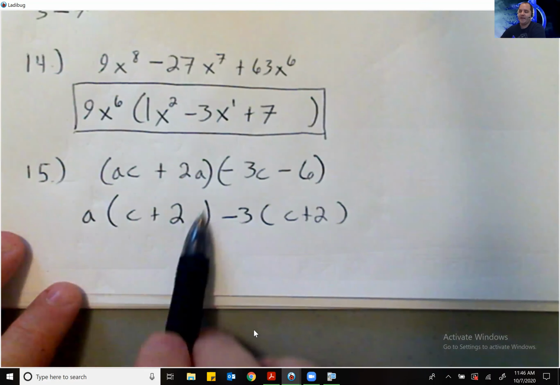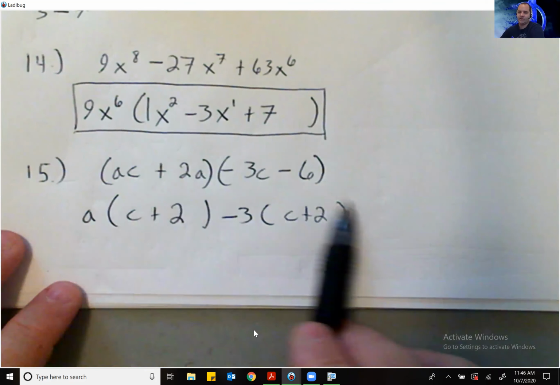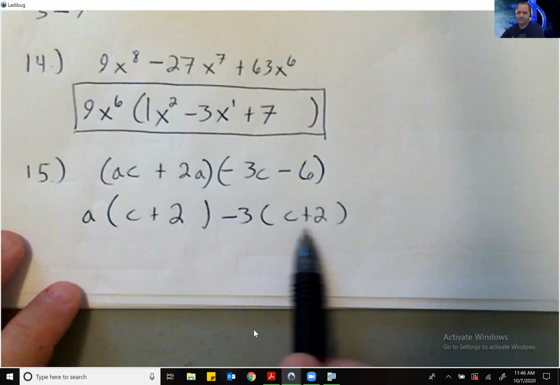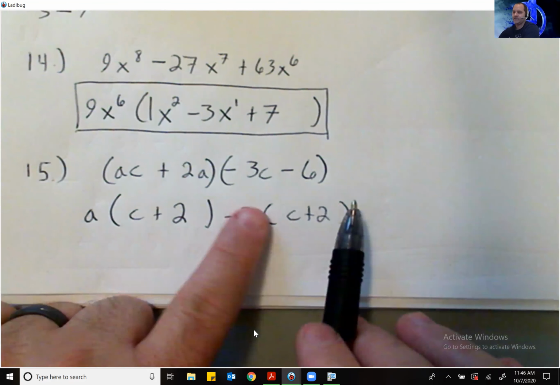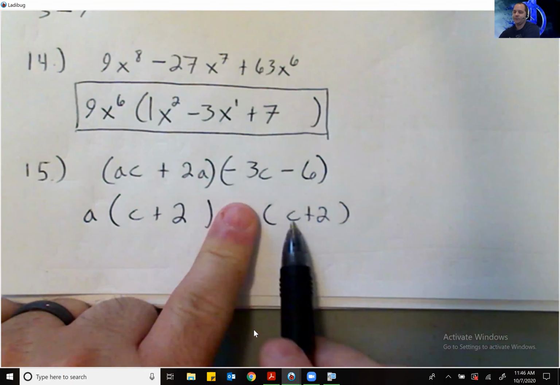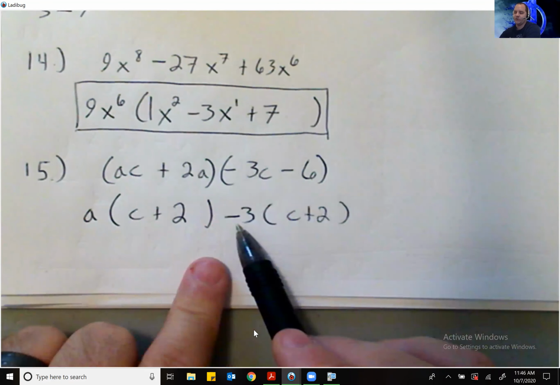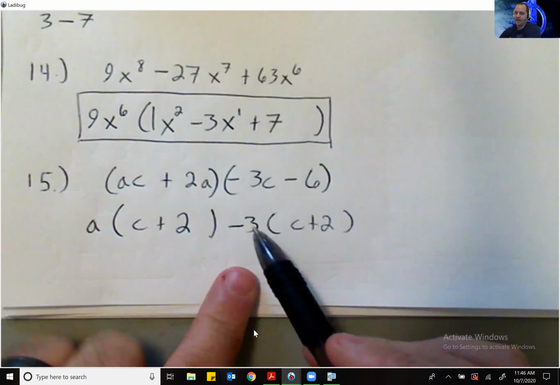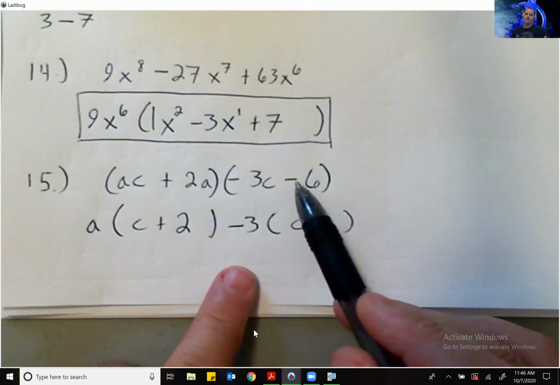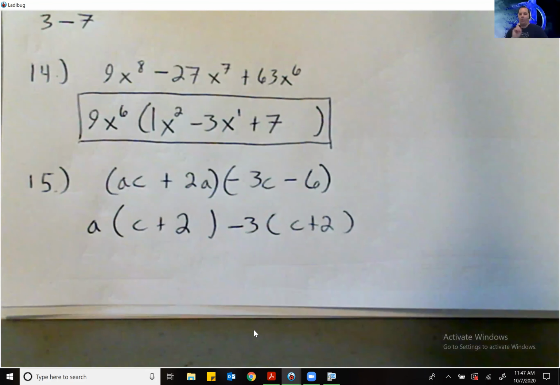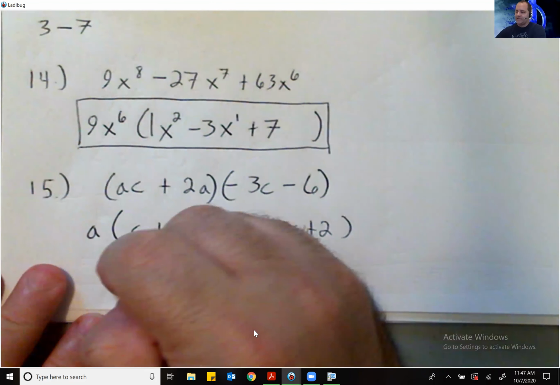Whatever this first parenthesis is, it has to match the second one 100%. So just think to yourself, what times C gives me the negative 3C? You said negative 3, and then I just checked to make sure that that's still negative 6. Negative 3 times 2 is still negative 6. And now you've got one more step. All we're going to do is make our two parentheses.